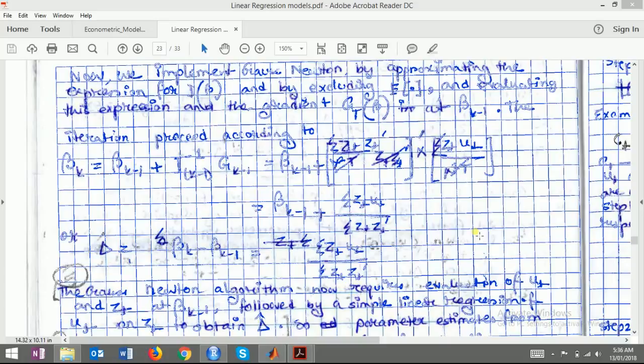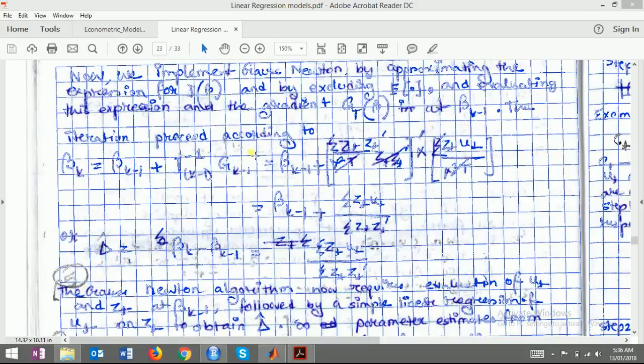Evaluating this expression and the total gradient GT at beta k minus 1, which is the previous estimation of the parameter, we update using the Newton-Raphson scheme.